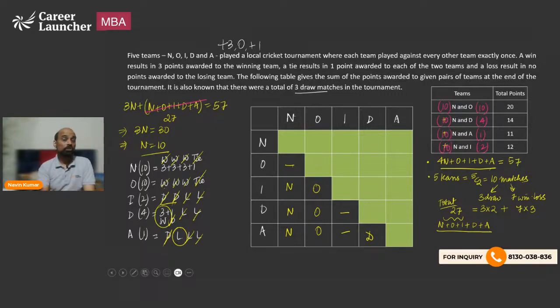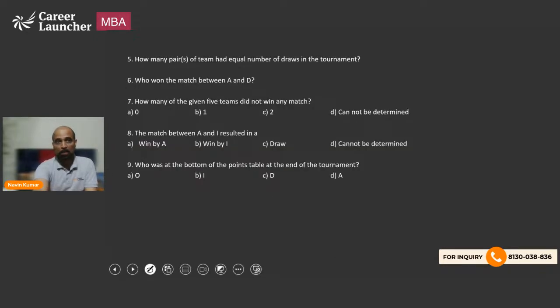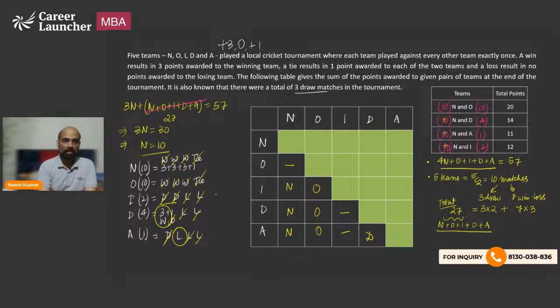So we actually know the outcomes of each and every match. Okay, let's look at the questions now. How many pairs of teams had an equal number of draws in the tournament? Well, I has 2 draws, D has 1 draw, A has 1 draw, N has 1 draw, O has 1 draw, right?